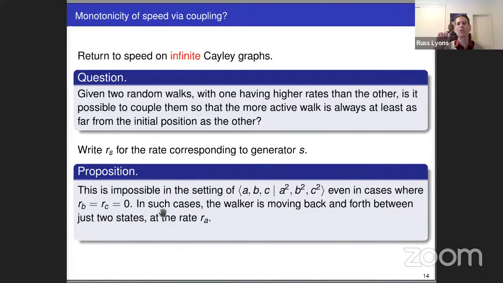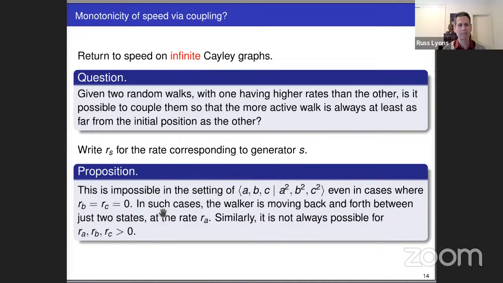That means it only moves back and forth across some A edge, depending on where it starts. Let's say it starts at the identity. Okay, it moves back and forth between the identity and A. So I claim it's not possible to have such a coupling in that case. Now you might say that's too trivial. But in fact, even if all three rates are positive, there's still no such coupling.